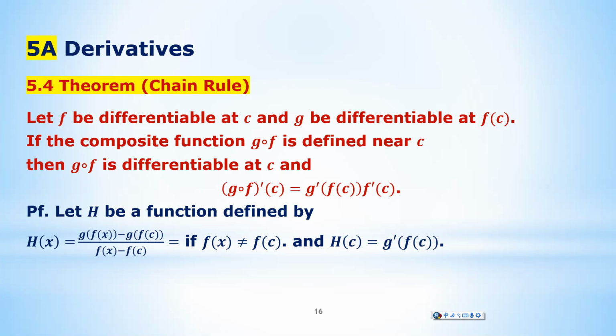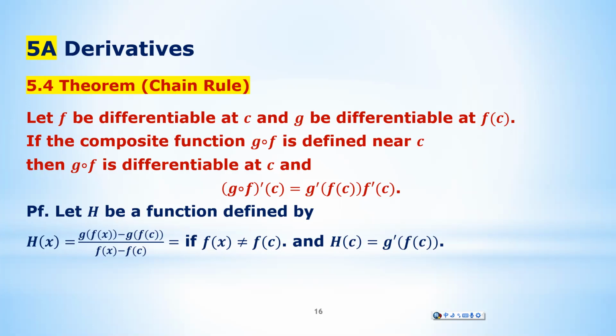But we also want to deal with the case when f(x) equals f(c). So what should we do? I'm going to give it a special definition. We see that this is actually equal to g prime of f(c).